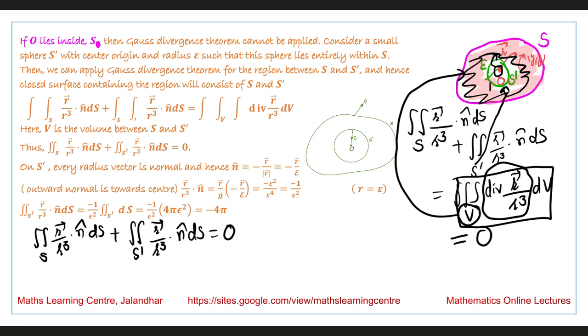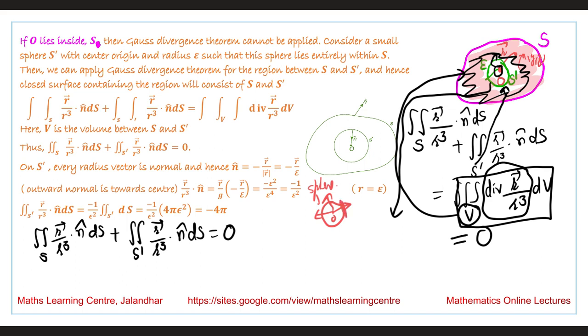Now we are talking about this portion S dash, and this is the origin O. This is a sphere, so from this origin O, if we draw any vector, that will be the normal vector for this surface.